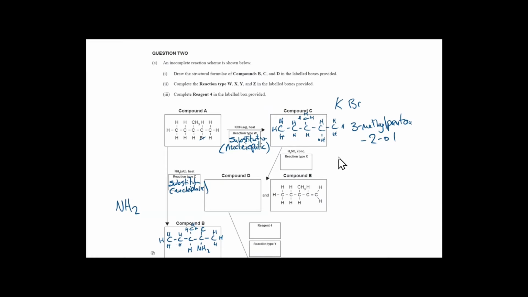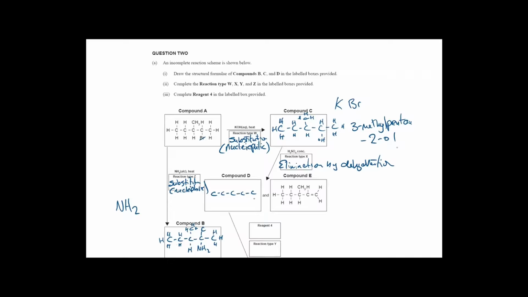And concentrated sulfuric acid. What is this one going to be? This is going to be elimination by dehydration, isn't it? So that's going to make an alkene. What alkene is this going to give us? Good question. Let's count the carbons. So 5 carbons. So there's carbon, carbon. Gee, they don't give us much room, do they?